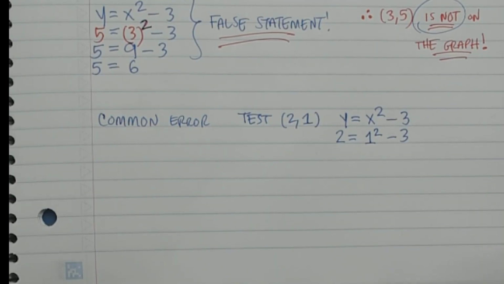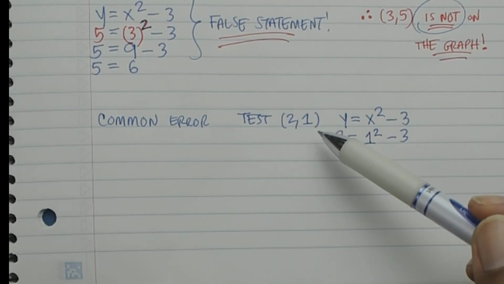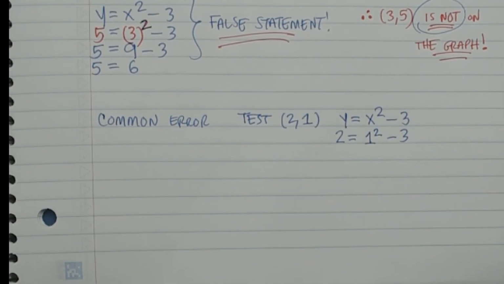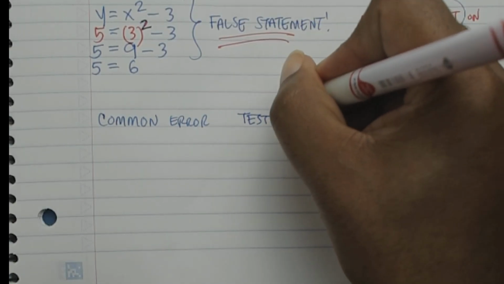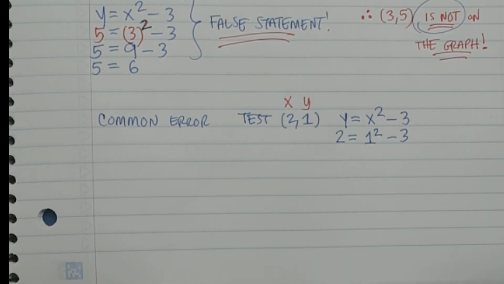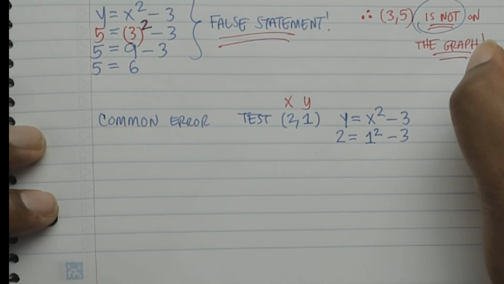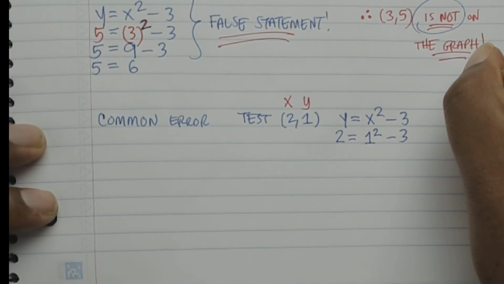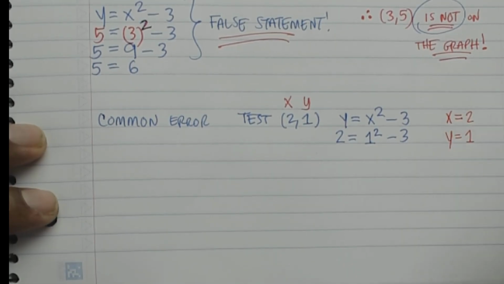You're absolutely correct. The coordinates are reversed. So in the ordered pair (2, 1), the first value is x, and the second value is y. So the correct substitution is x equals 2 and y equals 1.